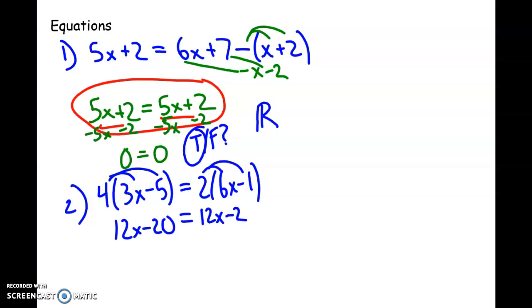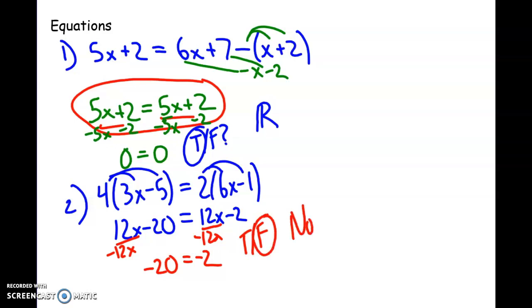Again, warning bells should be going off because of the 12x's. They're the same thing. And when I subtract 12x from both sides, I have 0x, and I'm left with negative 20 equals negative 2. And so the question, again, becomes, is this a true or false statement? It is a false statement, so my answer is no solution.